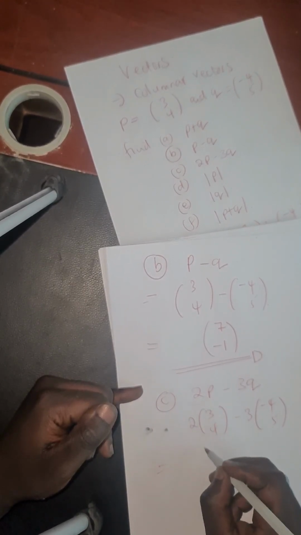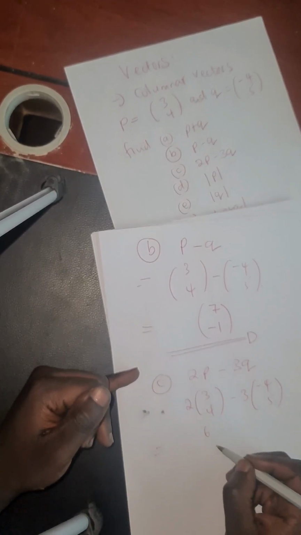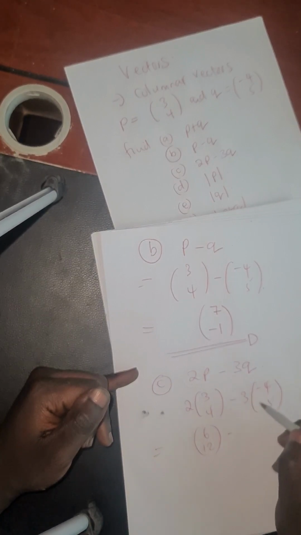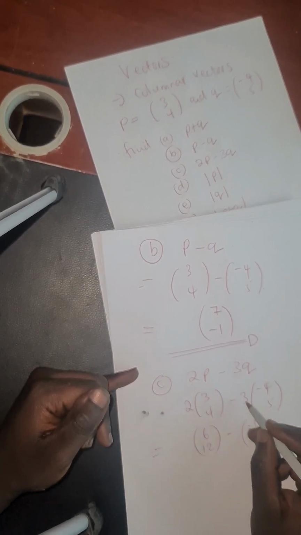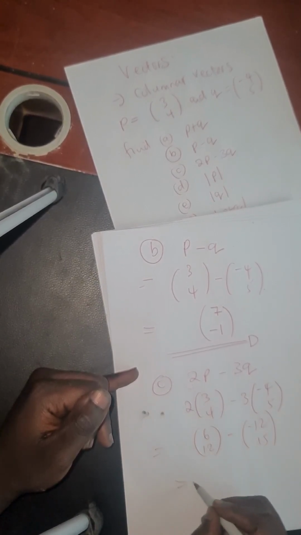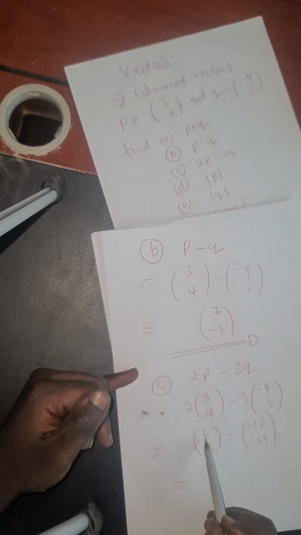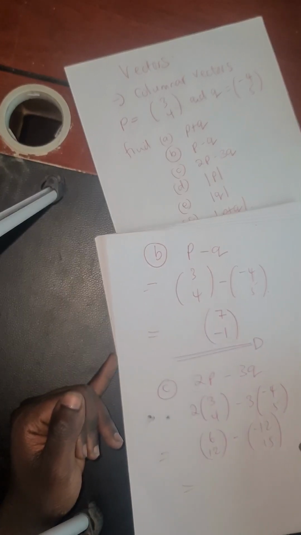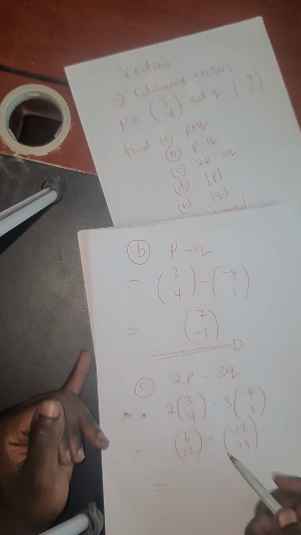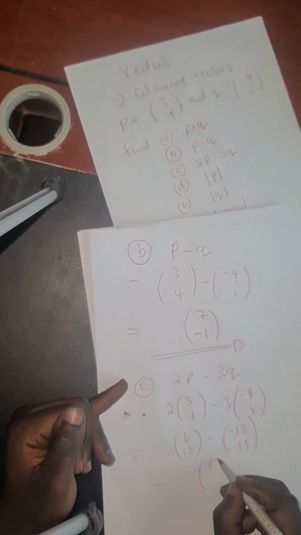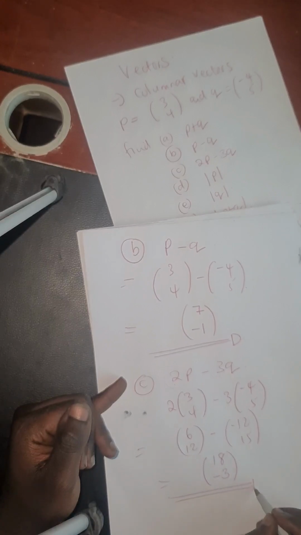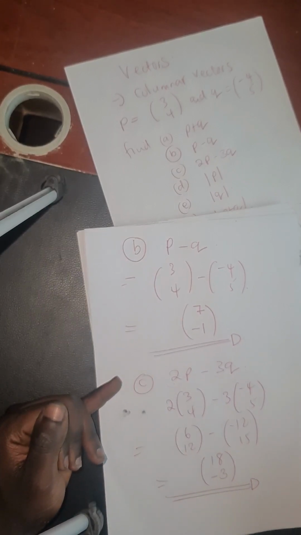So we multiply there, we multiply here, minus, we multiply there, we multiply there. We end up with 6 minus -12, and negative becomes positive, so it becomes 18. 12 minus 15 becomes -3. So this is our answer here, right?